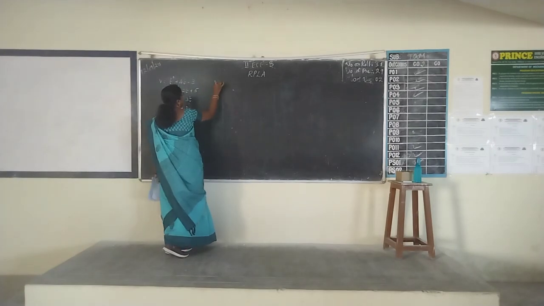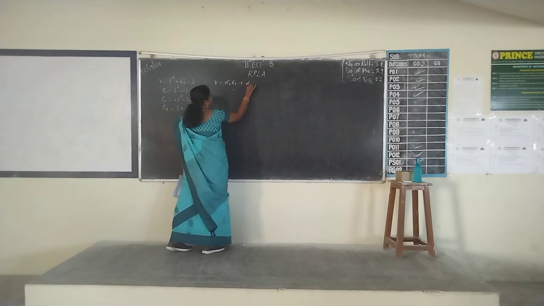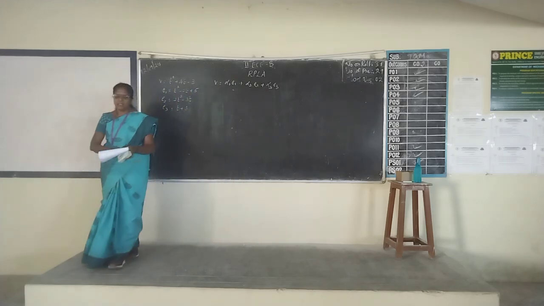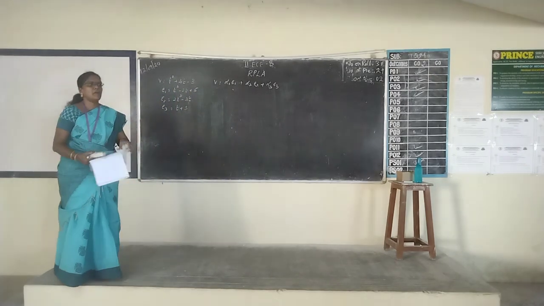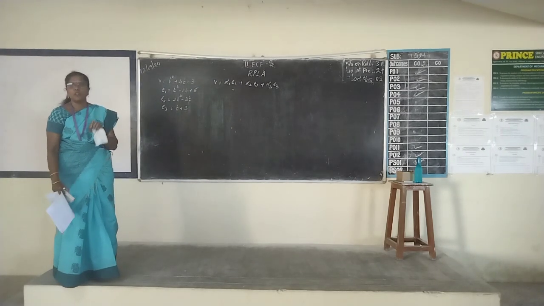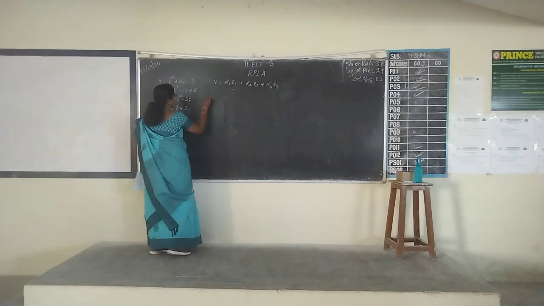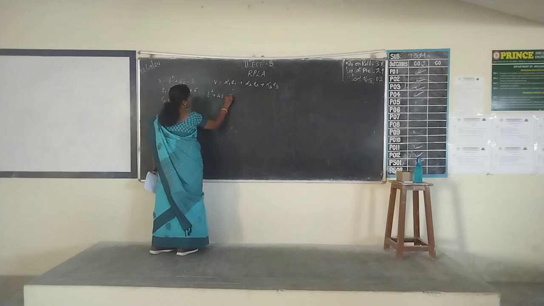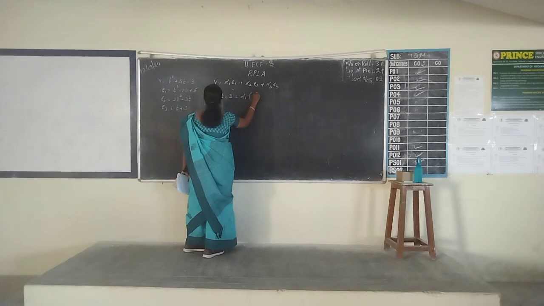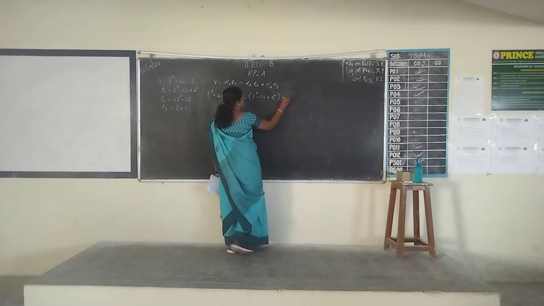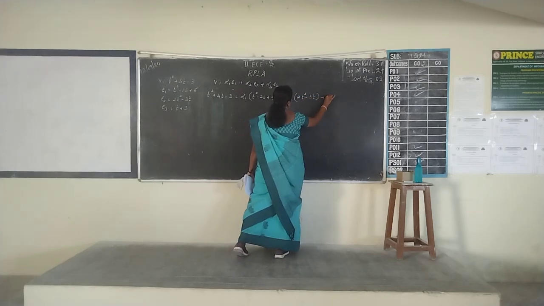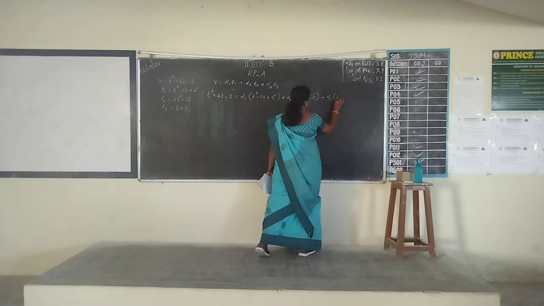Let V be equal to alpha 1 E1 plus alpha 2 E2 plus alpha 3 E3.